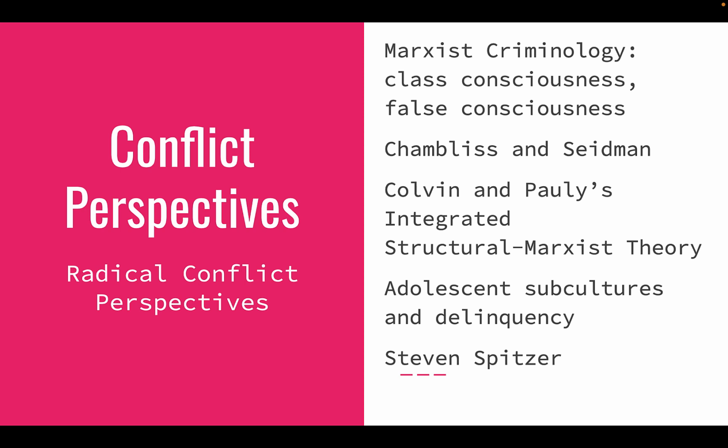So in additional explanations of crime using Marxist frameworks, you have Colvin and Pauly's integrated structural Marxist theory. So that maintains that structures of control have various patterns associated with work, families, school, and peer groups, and that those patterns form the mechanisms for the reproduction of the social class structure. So the socialization and discipline practices of parents and their children are influenced by their workplace experience.